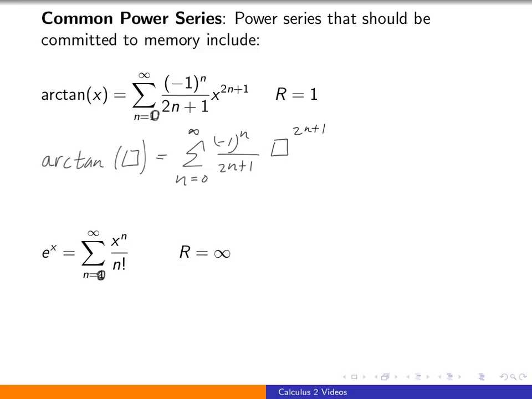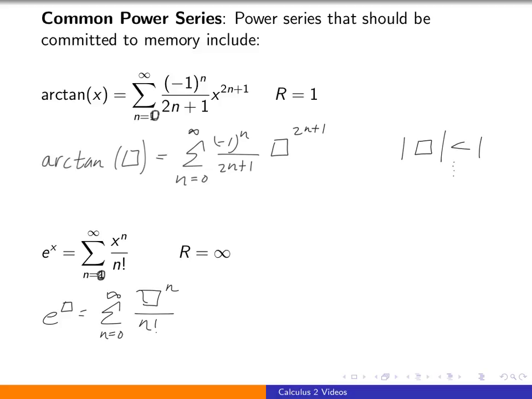In terms of the radius of convergence, it will be whenever the absolute value of that something is less than 1. And you can manipulate this inequality to determine that radius of convergence. Similarly, e to the something would be the sum from n equals 0 to infinity of that something raised to the nth power divided by n factorial.